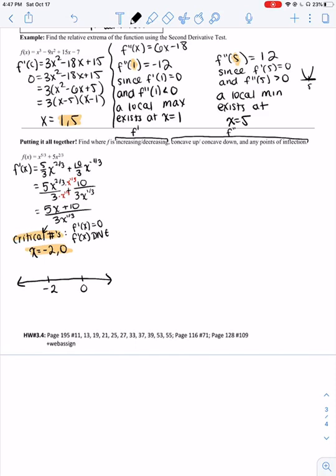I'm going to use a different color. So I want to know over here, is f prime of x going to be less than 0 or greater than 0? I'm writing it like this now because I think it's more clear instead of just writing a plus or a minus. Just because when you're dealing with a problem like this, where you're dealing with the first derivative and the second derivative, it's easy to lose track of your work.